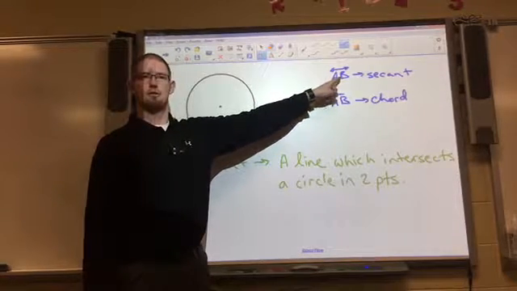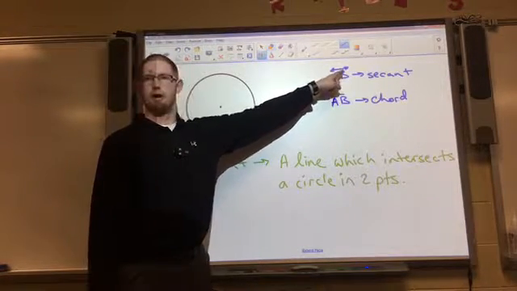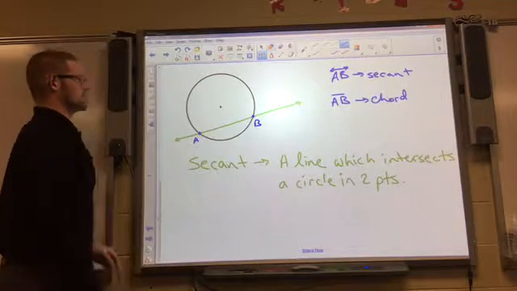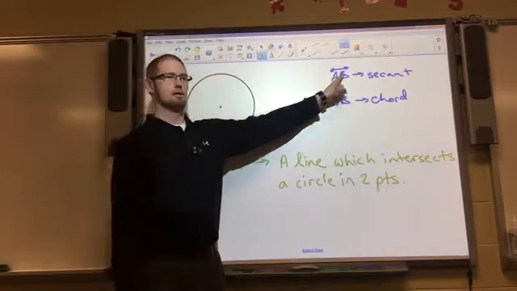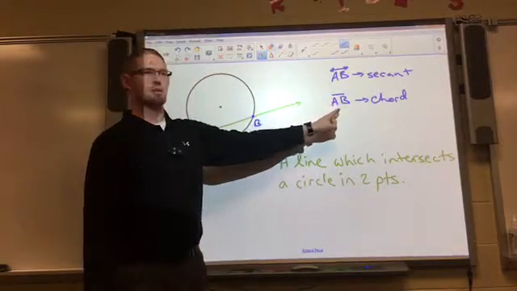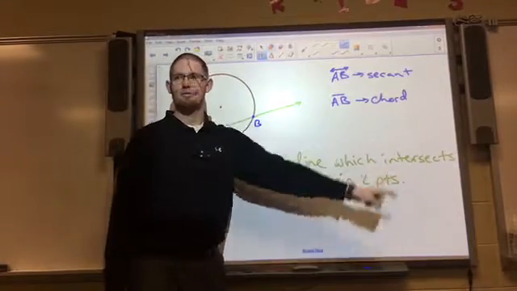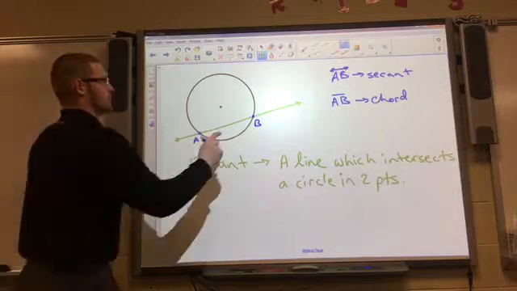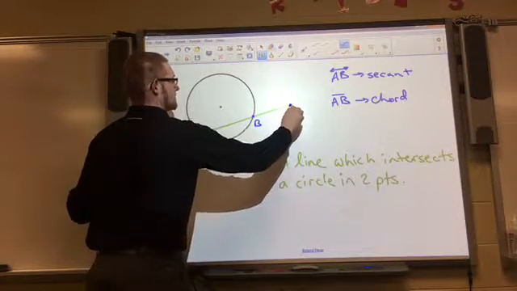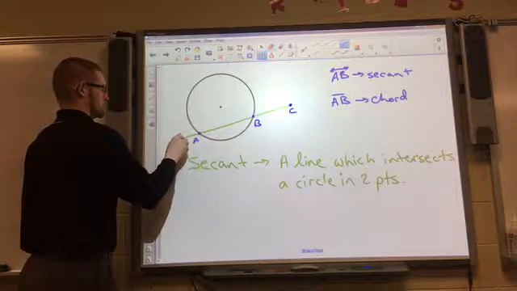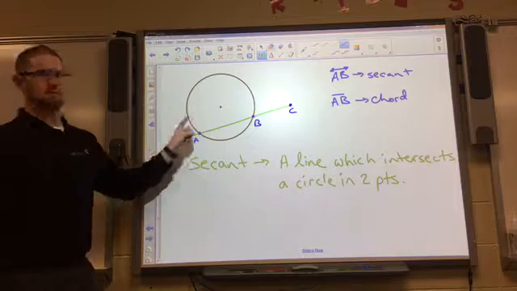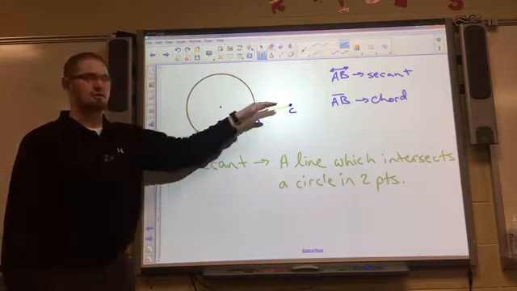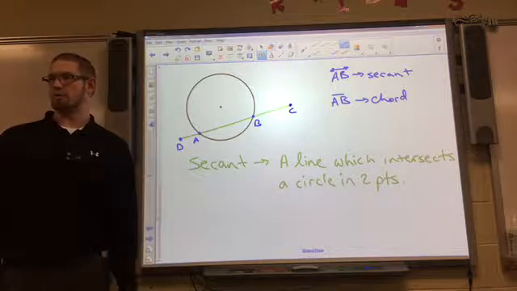This is talking about a line, right? This is talking about a segment. So line AB is a secant, segment AB is a chord. Yes. But when you said that, it could be like a segment. So, okay, what that means is maybe you have point C and point D. DC is a secant because it extends outside of the circle. Does that answer your question? Okay.